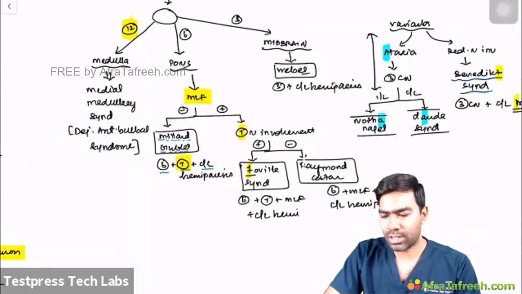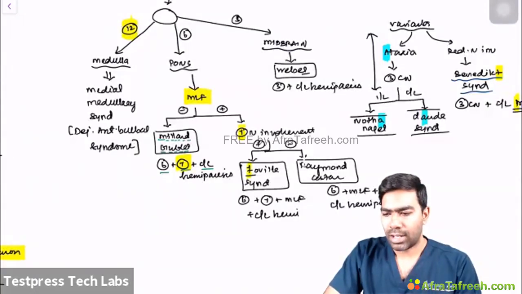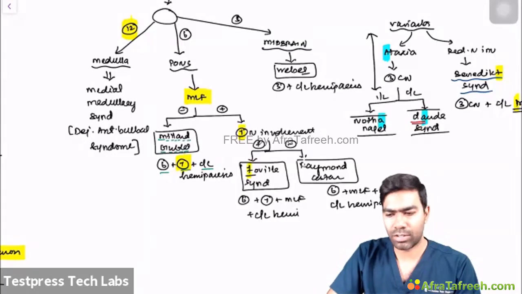And how to remember ipsilateral versus contralateral? It's very easy. As I already told you, Claude has CLA in it. So you have contralateral ataxia. That is called Claude syndrome.